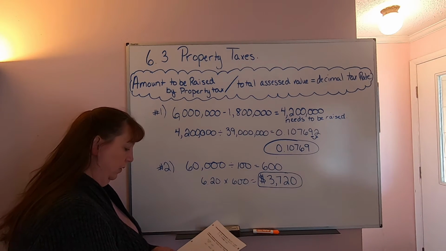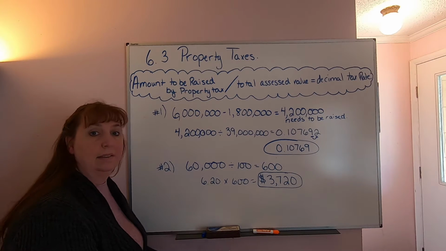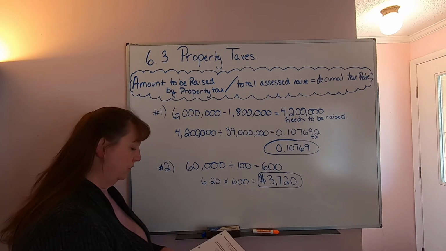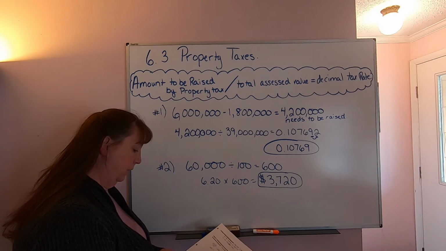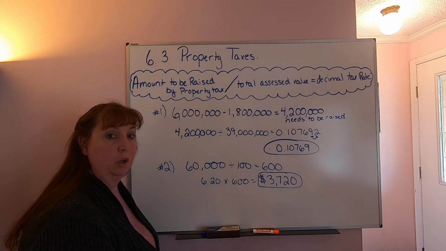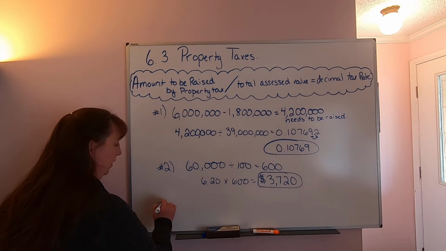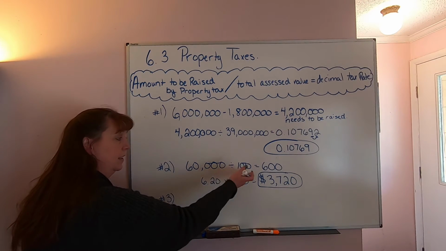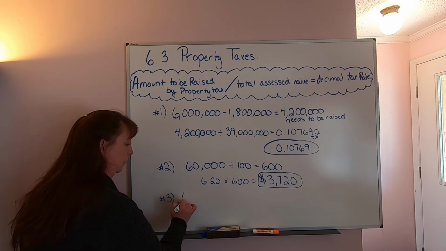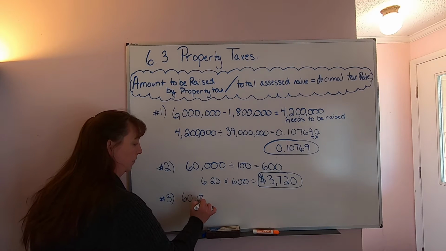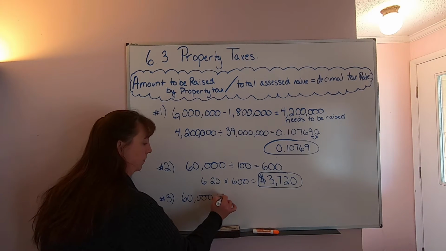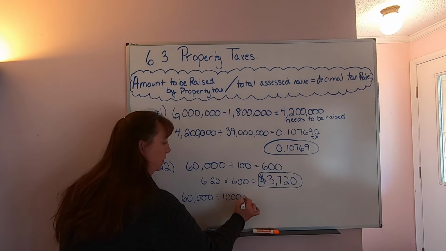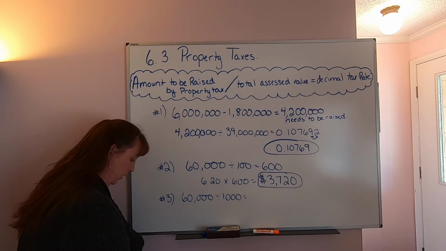Looking at example number 3, basically it's the same property, $60,000. However, it's $62 per every 1,000 in this case. So example 3. Instead of dividing by 100, you're going to divide it by 1,000, which is 60.